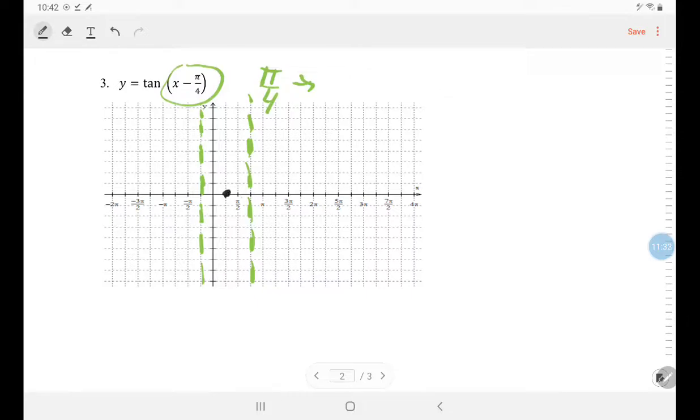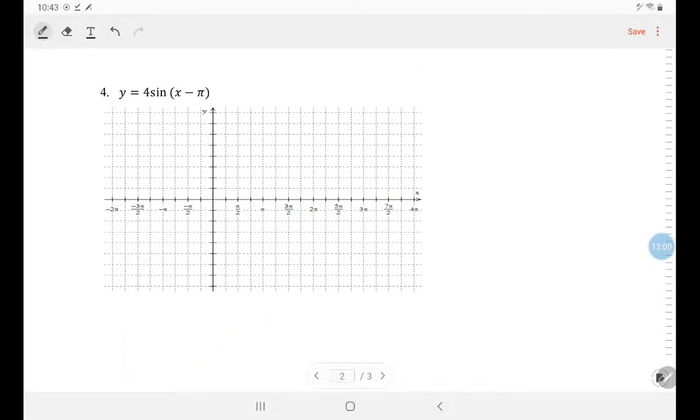If I go over one little grid or pi over 4 to the right, that's at 1. One little grid or pi over 4 to the left, that's negative 1. And there is my transformed graph. So again, if you don't want to graph the parent function or don't need to graph the parent function for the tangents because you say, oh, it looks nasty, it looks messy, I get it. That's kind of what I do too.